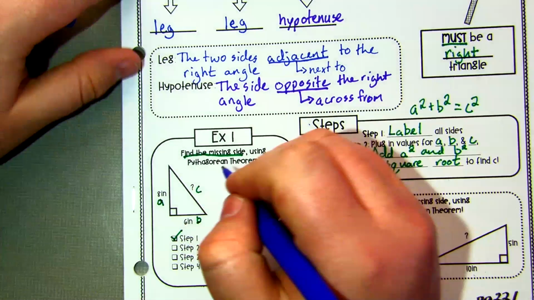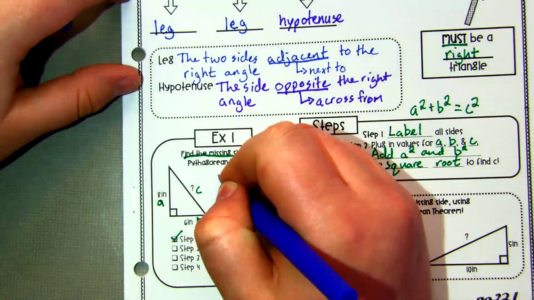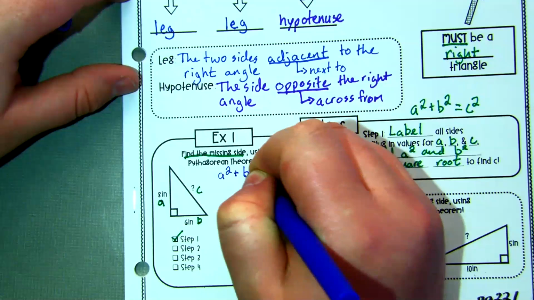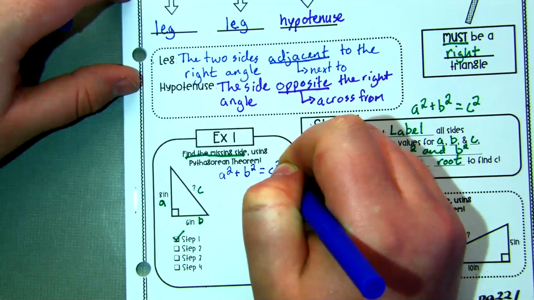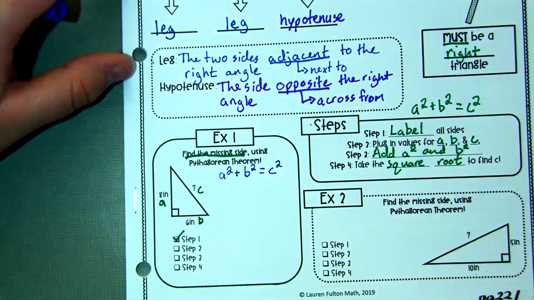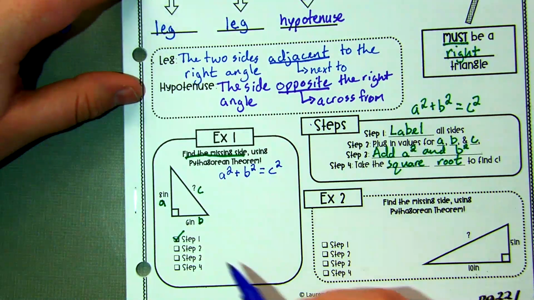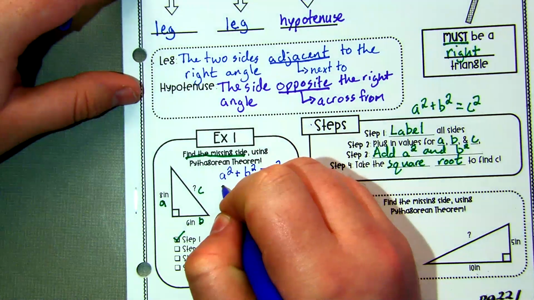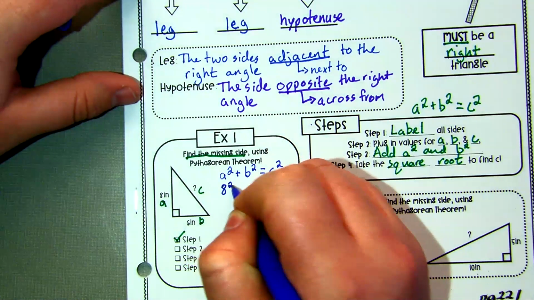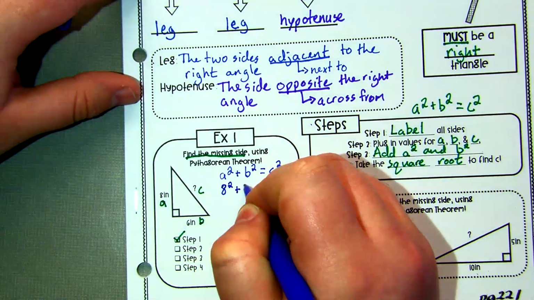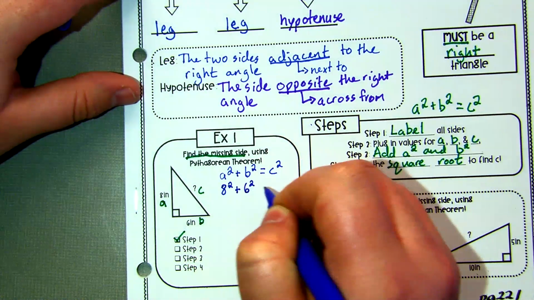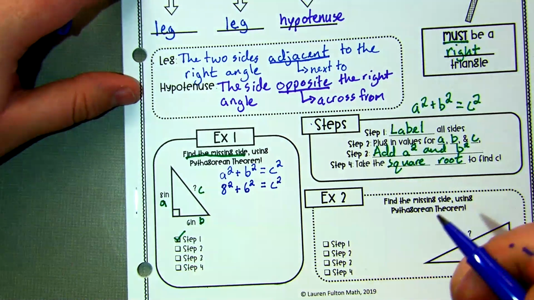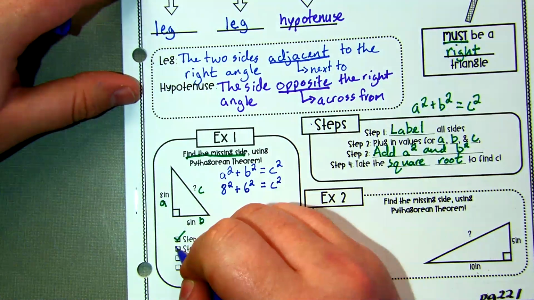For step two, we start with our equation, A squared plus B squared equals C squared. And then we plug in our values. So we said that A equals 8. We plug in 8 squared, plug in 6 squared. Once we've plugged in, we are finished with step two.